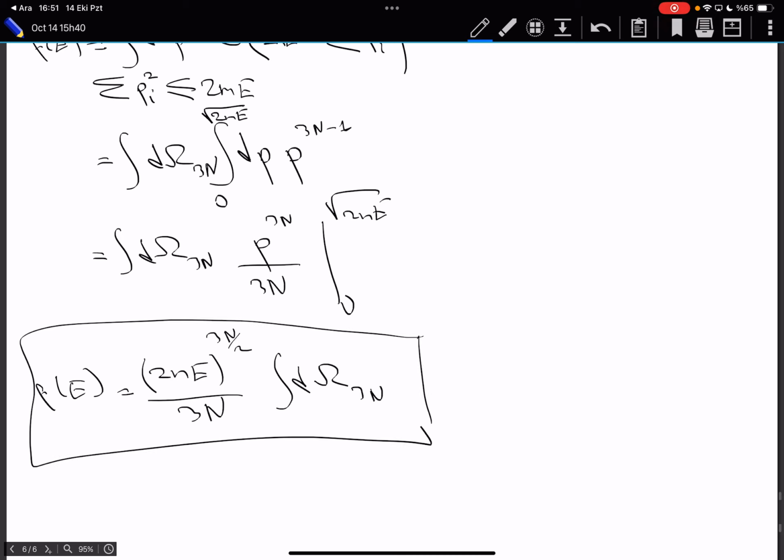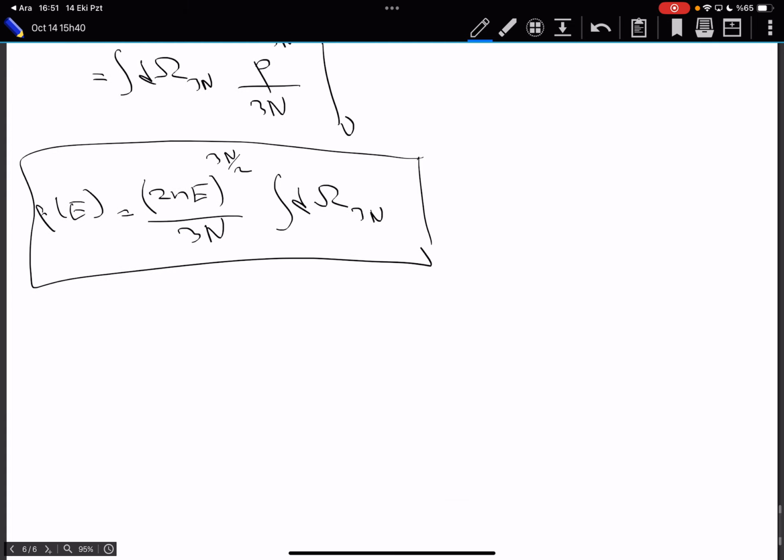Now, what is this 3n dimensional solid angle? You can try to write it in terms of the integrals over the angles, and there will be sines and cosines. But instead of that, let me look at a different integral whose result I already know.